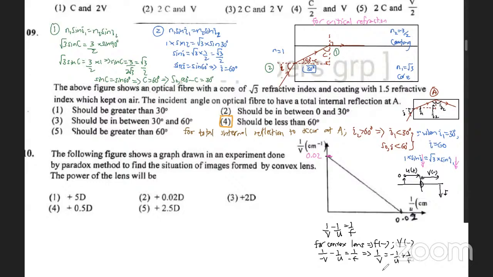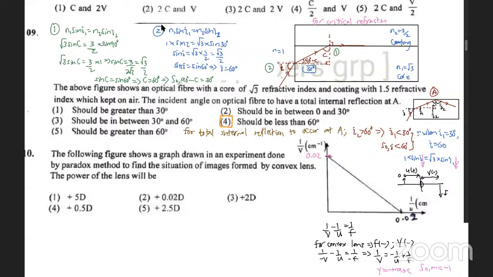So here the equation looks similar to y equals minus mx plus c. So what is m? Gradient is equal to minus 1. If this value is 0.02, this value is 0.02. Understood? I think it was Najla and some others.